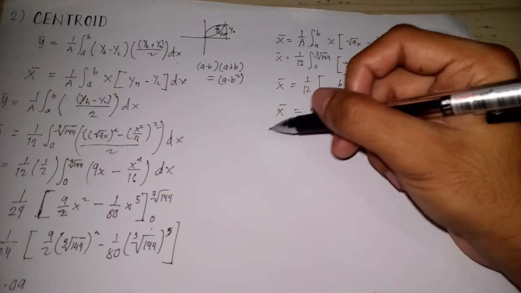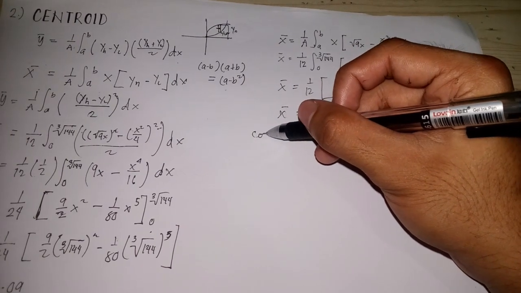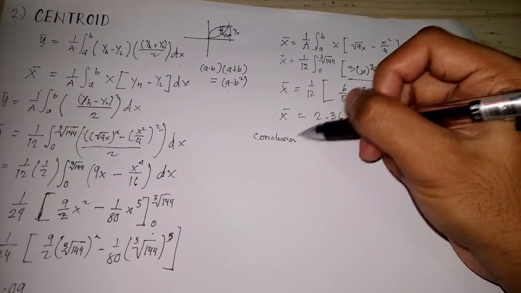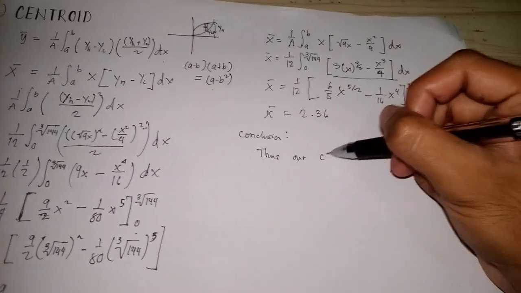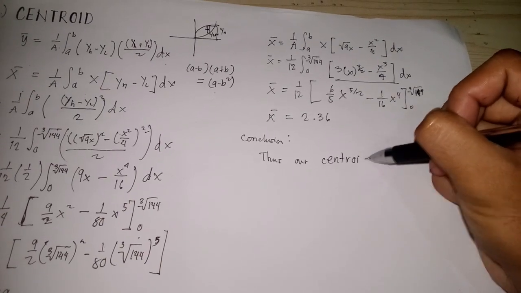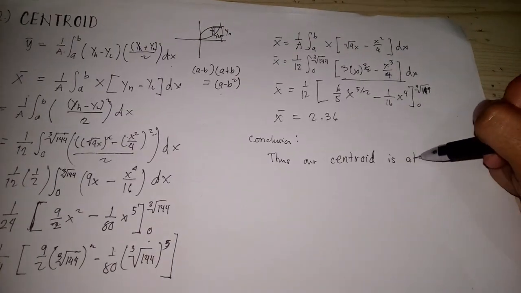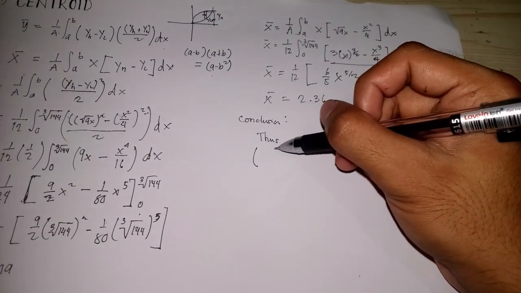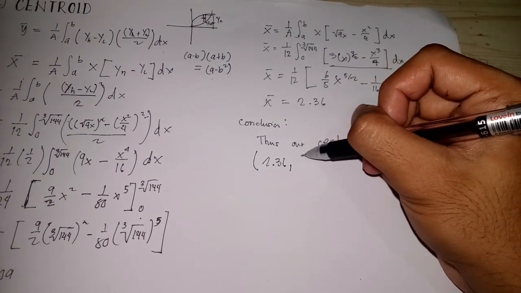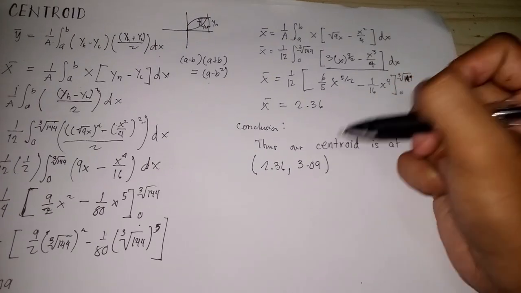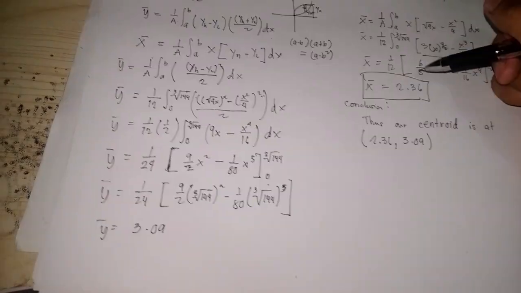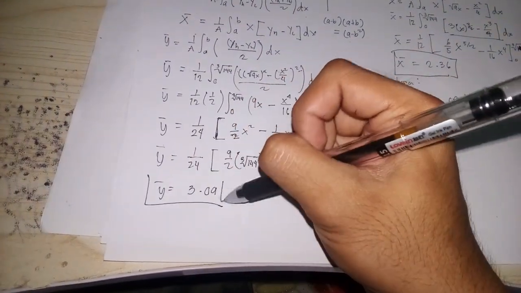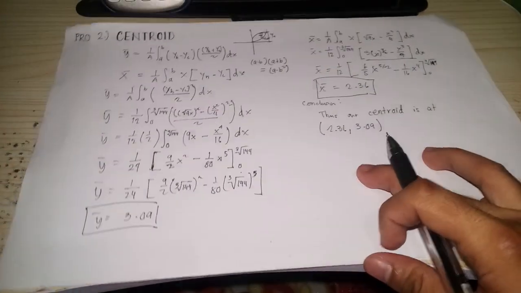So now, in conclusion, thus our centroid is at 2.36 and 3.09. So that's our centroid. Let's just box our answer. So that's for the centroid.